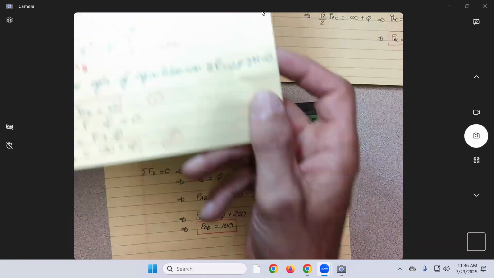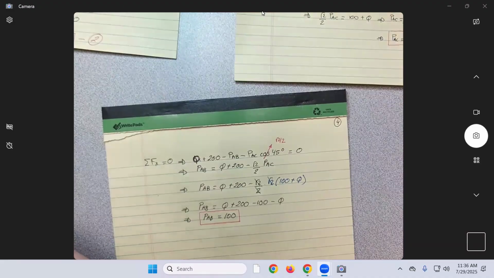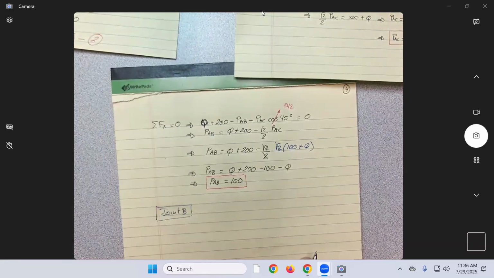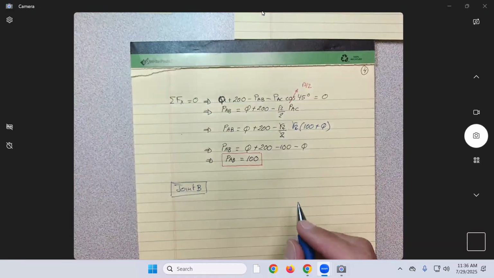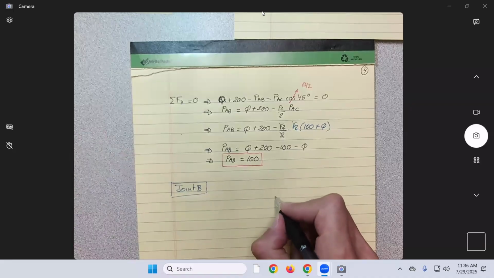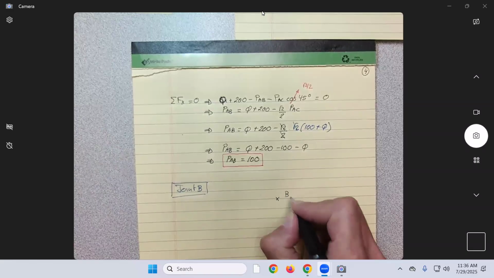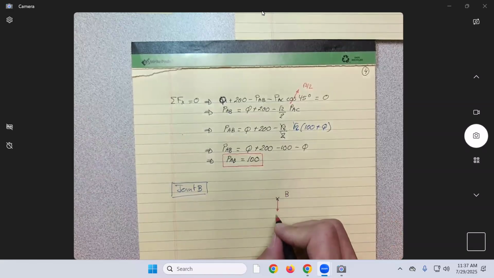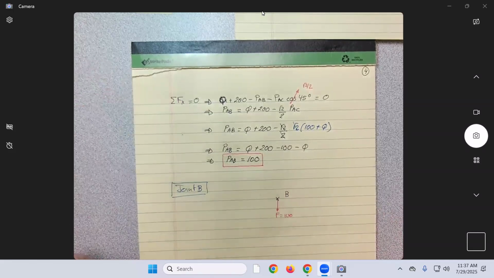All right, so now we go to joint B. So let's see, how did I do the previous one? The black is for some notation. We have here point B. We're going to have the force F equal to 100 kilonewtons, so we'll be using kilonewtons. Then I use the blue.